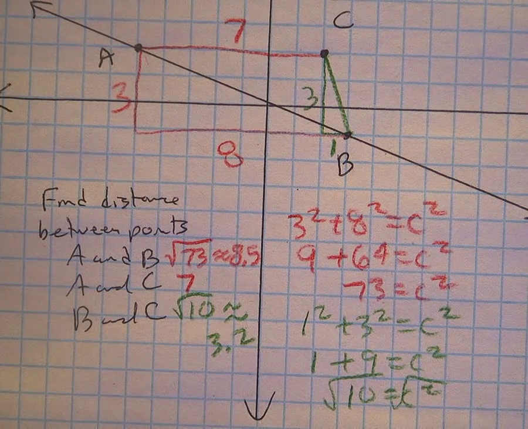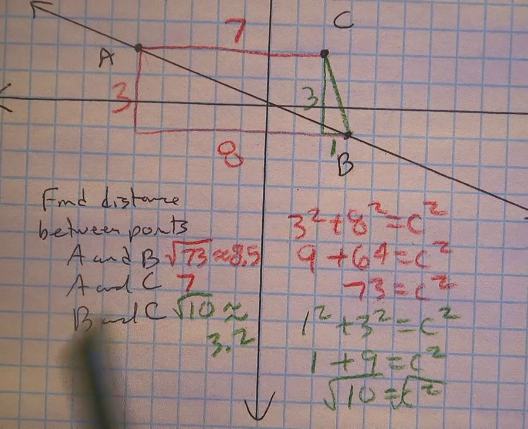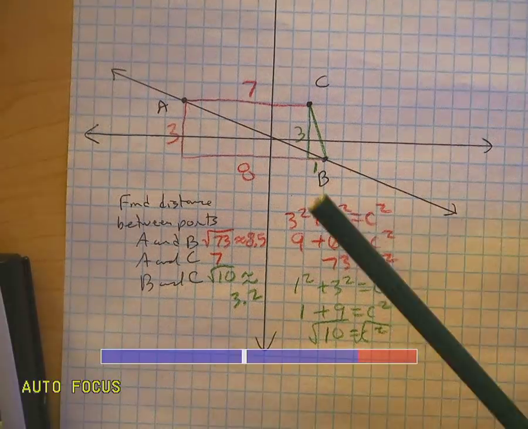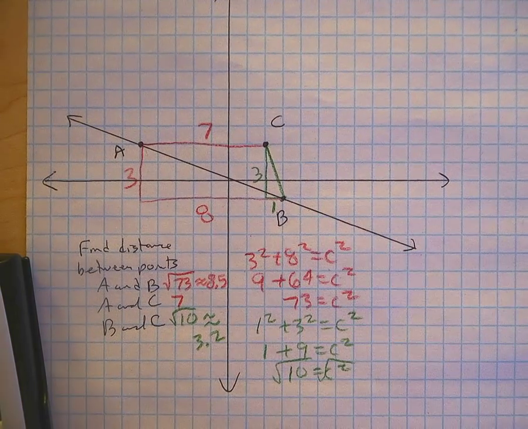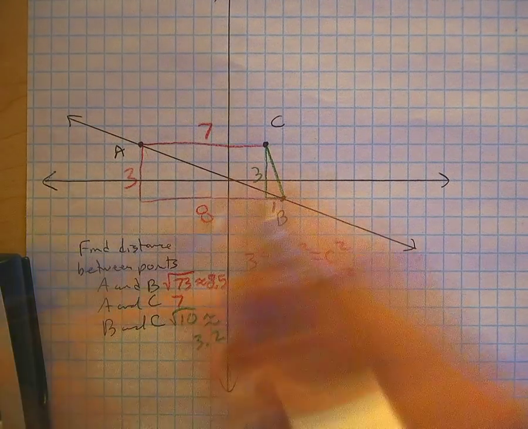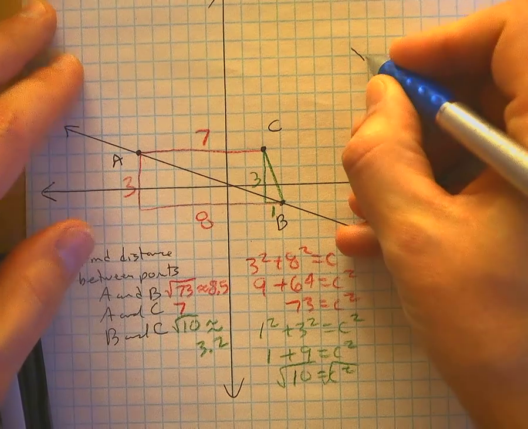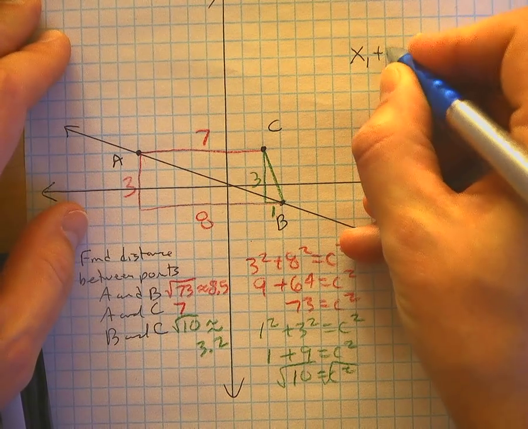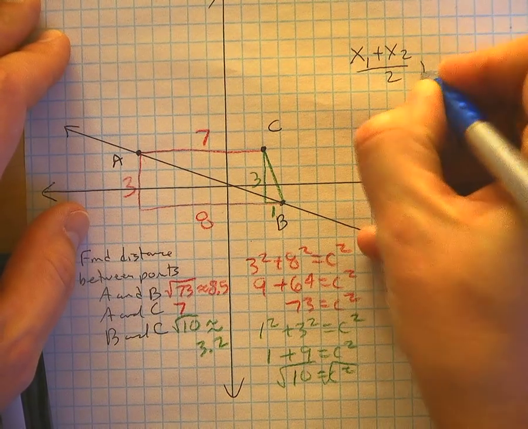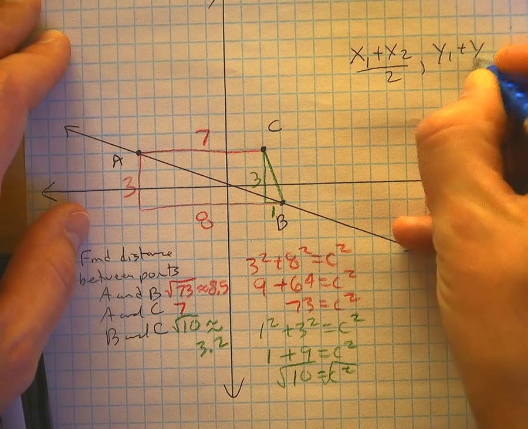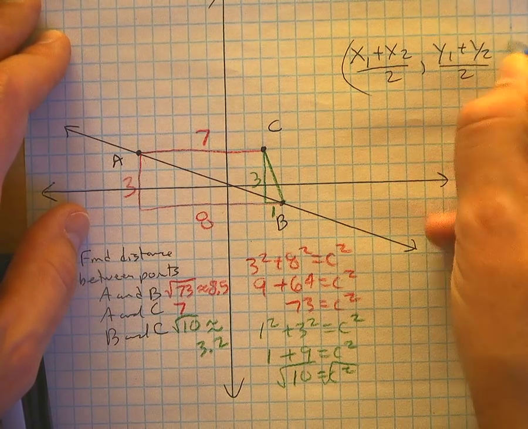B and C. Now let's say I wanted to figure out the coordinates of the midpoint of A to B. Well, the midpoint formula is x1 plus x2 divided by 2, y1 plus y2 divided by 2, and I'm going to be giving you this on the exam.